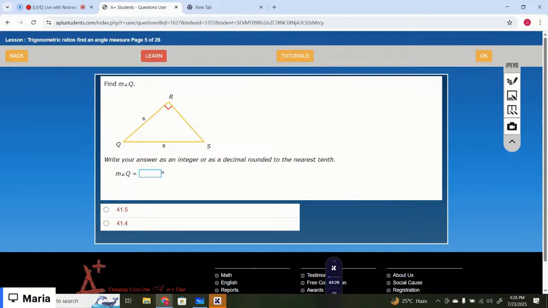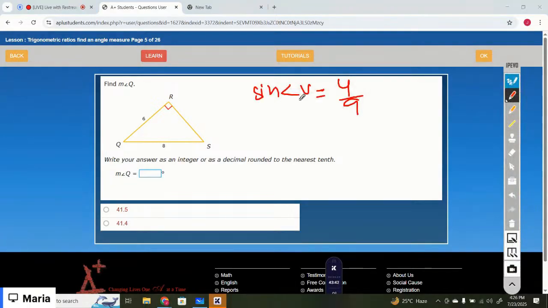Measurement of angle Q. Cos of angle Q is 6 over 8. 0.75.